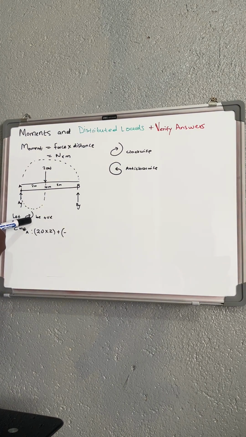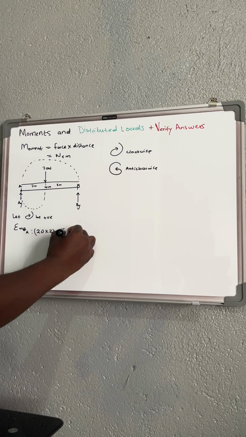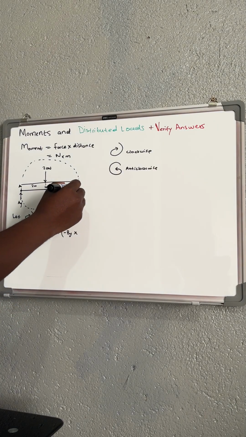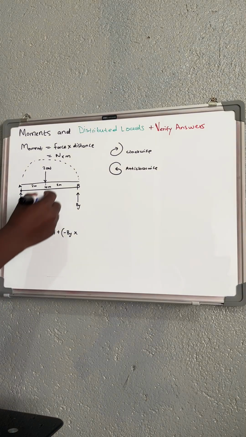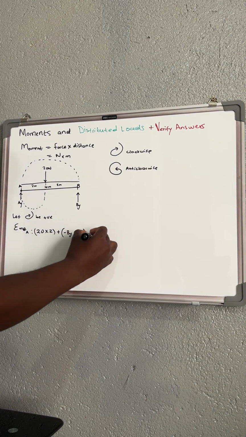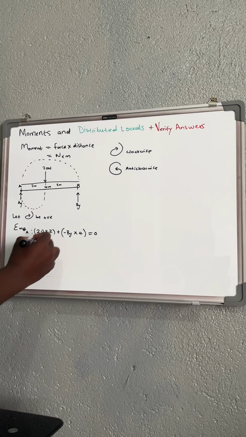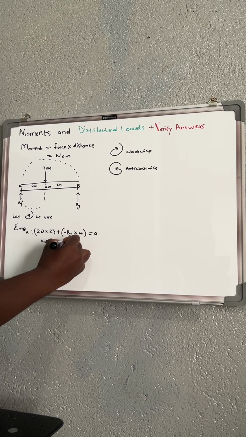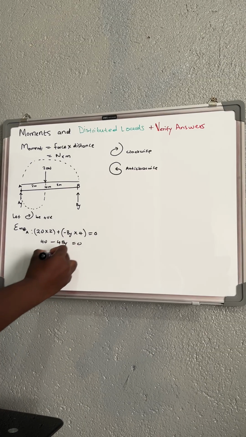Since we said clockwise is positive and this one is moving anti-clockwise, we're going to introduce a negative sign. We have our BY multiplied by the distance between this one and this point, which is 4 meters. So you're going to say 4, then this is equal to 0. Then you have 40 minus 4 BY is equal to 0.